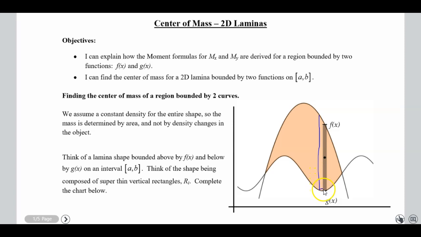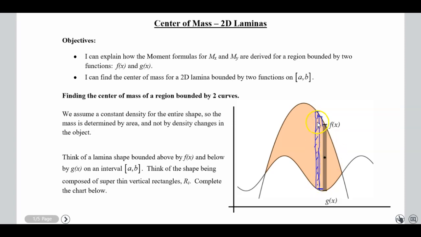So let's say I got a rectangle here, and you'll have to pardon my drawing skills. Maybe another rectangle right here coming down. They should be kind of the same width going through there.